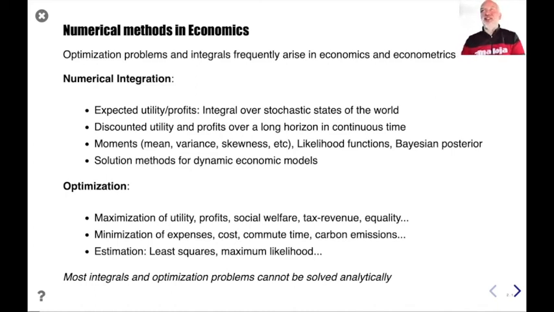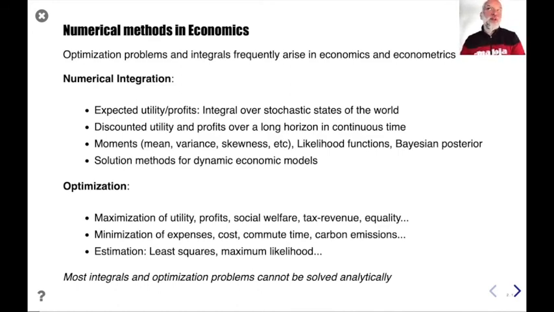Likelihood functions are essentially examples of the same. Bayesian posterior is also the case; you also need numerical integration. For maximum likelihood, it's not always the case that you can write down the likelihood function with pencil and paper in closed form and put it into the computer. Sometimes they involve integrals. Prominent examples are when some of your parameters, some of your coefficients, are stochastic variables. Those need to be integrated out.